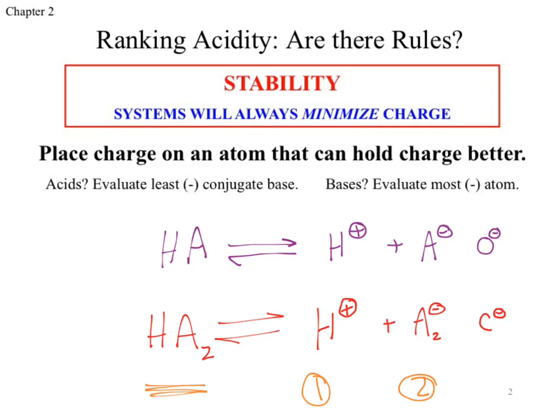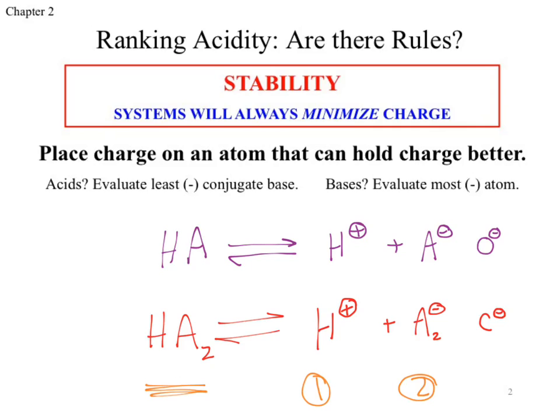Which acid is stronger, purple or red? Purple. We just saw that answer. Why is purple the stronger acid? Oxygen's more electronegative. That fixes our side that minimizes charge. If it's more electronegative, it wants to hold that negative charge, meaning it can stabilize it. It's minimizing the effective charge. Carbon can't minimize that effective charge, and so it ends up being a less stable negative.